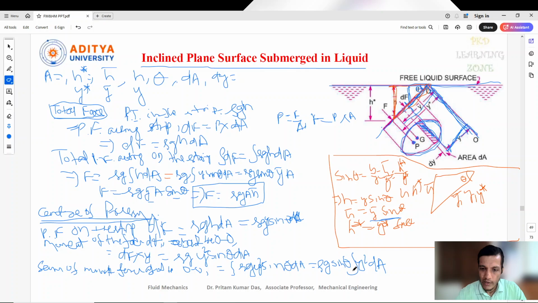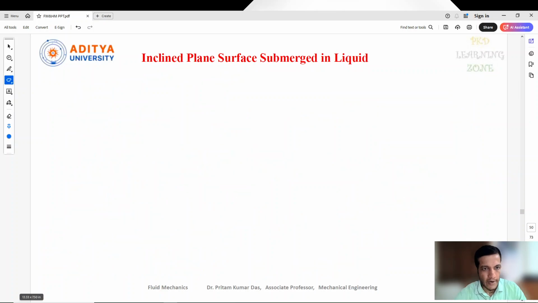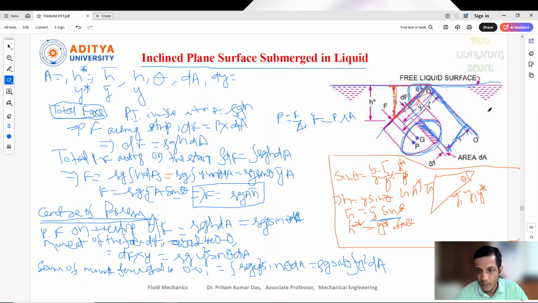Let's go to the next slide. Here the integration of y square dA, if you see from here to here the y distance is there and the small area is this one.